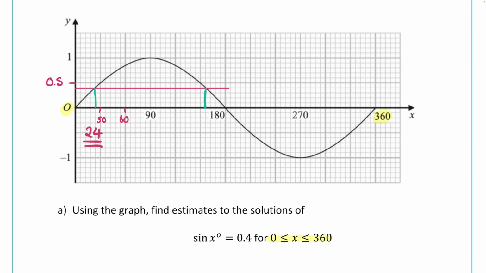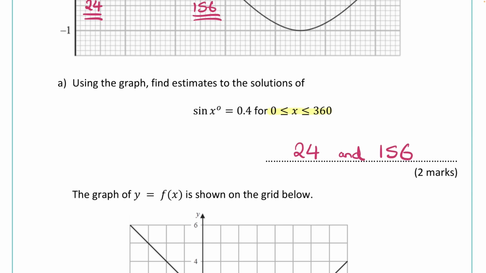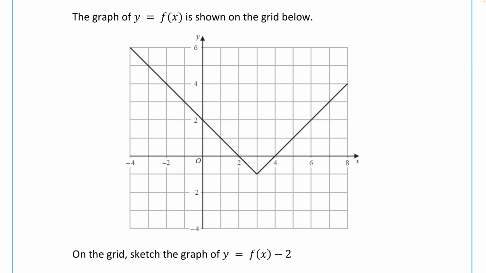And this one here, if I count up 120, 150, and it's 1 square above 150, so 156. So there we go, there are my 2 solutions using the graph there. We have 24 and 156.